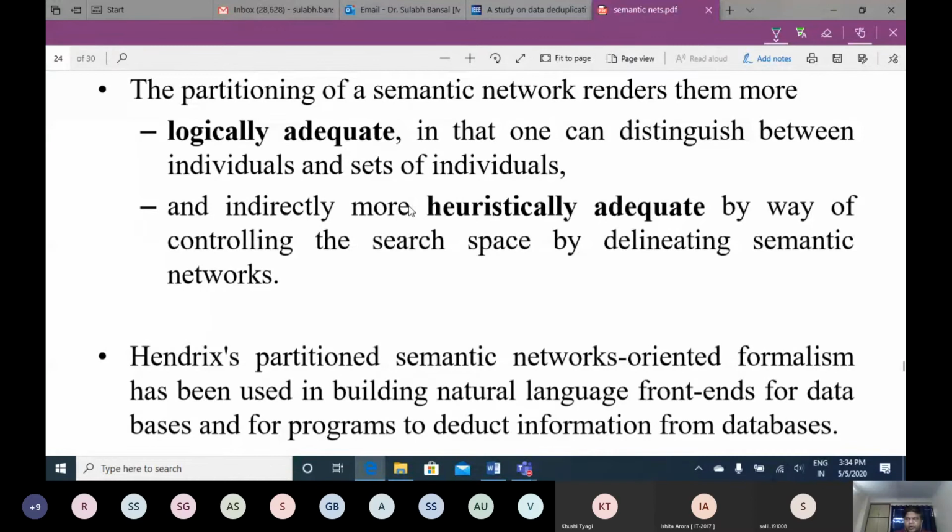So we try to modularize the program so that we can link modules to different situations. So similarly, here we can do that. Logically adequate in that one can distinguish between individuals and sets of individuals, and indirectly more heuristically adequate by way of controlling the search space by delineating semantic networks.